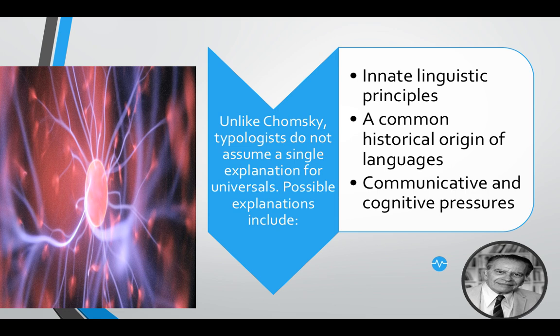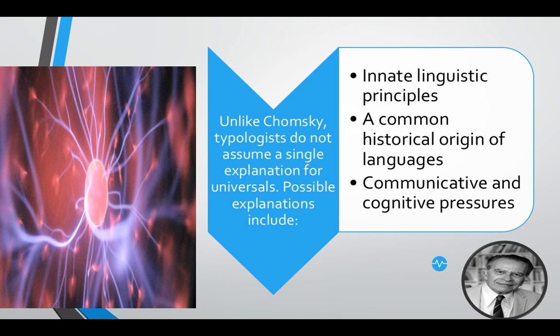So unlike Chomsky, the typologists or Greenberg do not assume a single explanation for universals. Possible explanations include innate language principles, a common historical origin of the languages, and communicative and cognitive pressures.